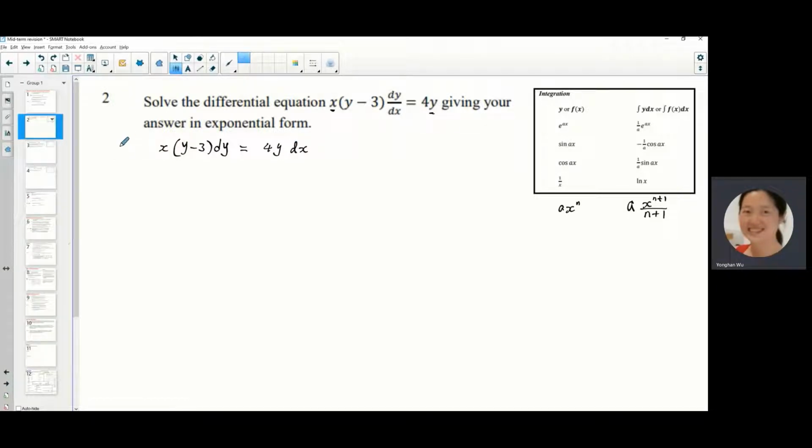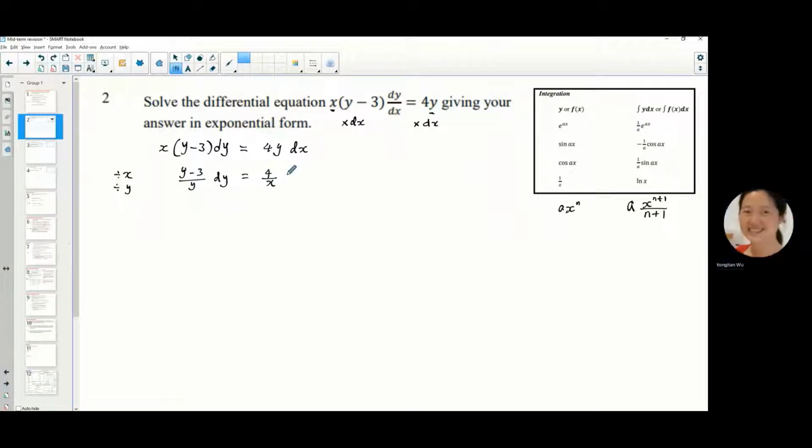So the first step, let's write it down, times dx on both sides. And then the second step is I divide by x and divide by y on both sides. That would give me y minus 3 over y dy equals 4 over x dx. So now everything is separated.